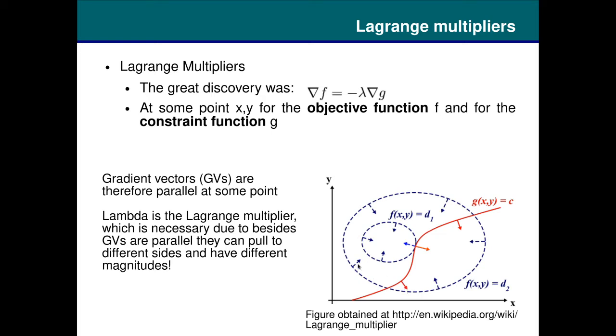Take a look at those gradient vectors in blue and those gradient vectors in red. You can notice that this gradient vector turns out to be equal to this gradient vector being multiplied by some lambda, in this case, of course, some negative lambda. So if I flip this vector to the other side, if I reflect it, I can make it equal. Why? Because they are parallel vectors.